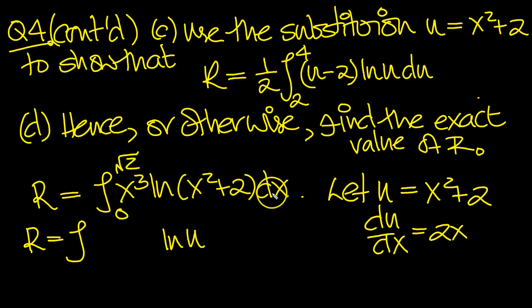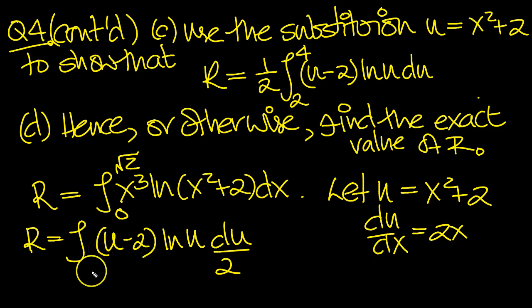The dx we can replace, it's du over 2x. But there's an x cubed there, so that would leave x squared, won't it? And that can be replaced by u minus 2 here. So that's what we've got there.